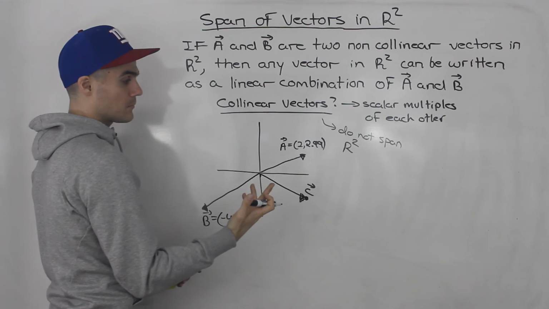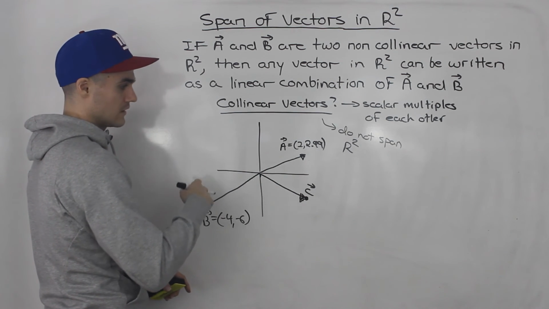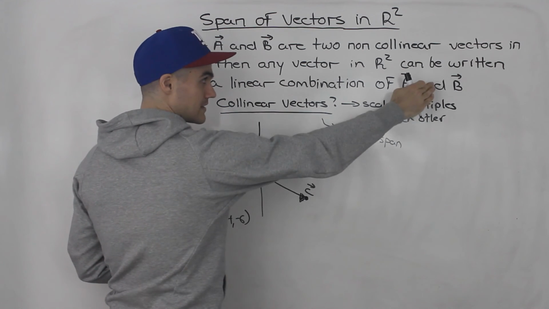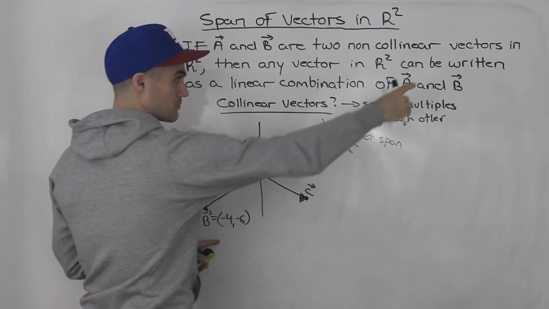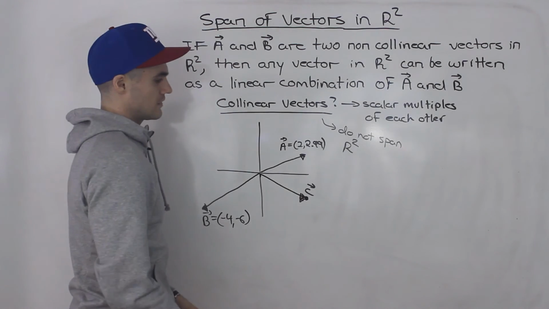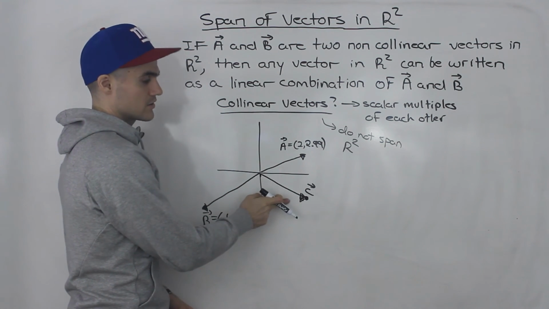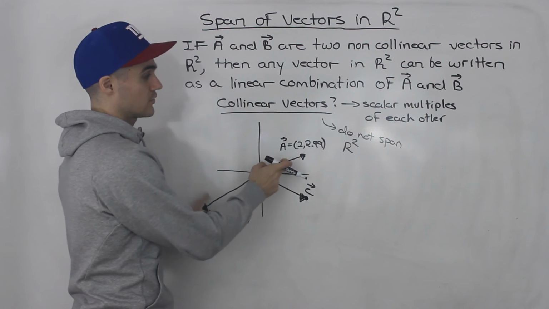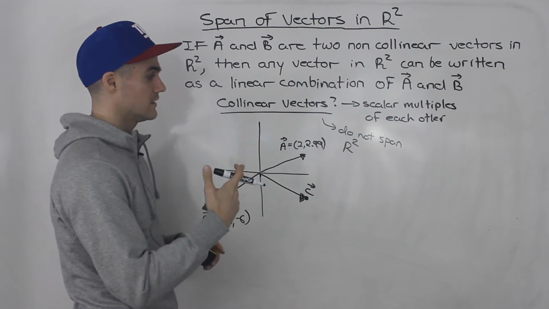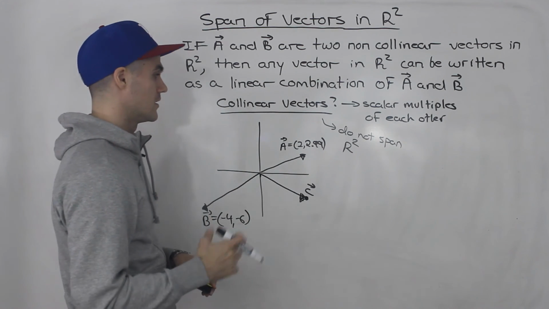It's going to be crazy numbers that we would get if you would try to solve this like we did before. Like vector A, you'd have to extend like crazy, and then vector B, you'd have to extend like crazy coming back to get to here. But nevertheless, because they are not collinear anymore, any vector in R2 can be written as a linear combination of them. Again, that M and N that you would get would probably be either very large or very small, but it can be done.